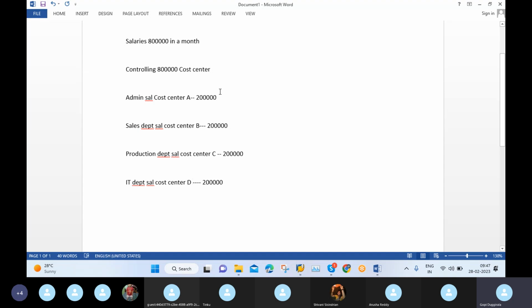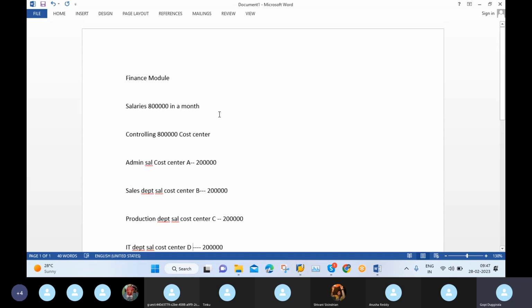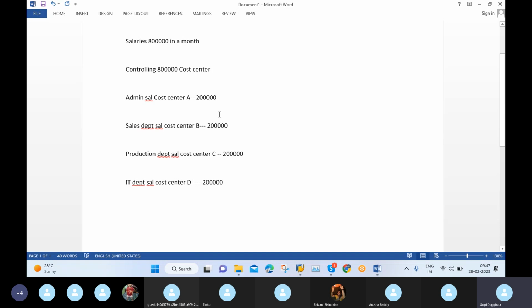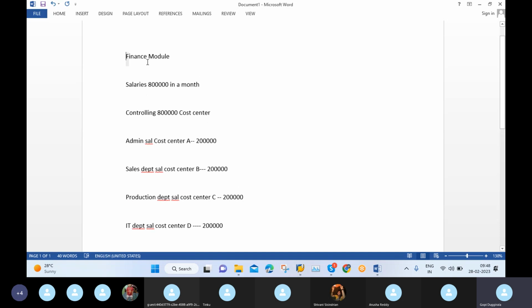So whatever expenses I pay to my employees, in the finance module we can post these values this way only, and what entry will I get here? Salaries account debit to bank account. Salaries account is debit and bank account is credit with an amount of 8 lakhs.